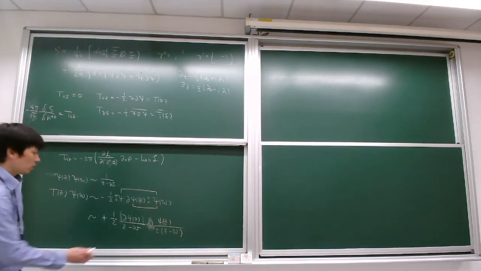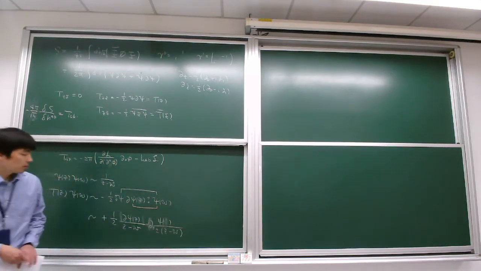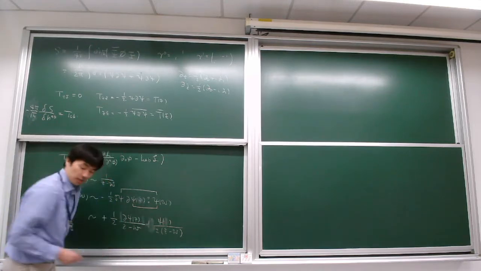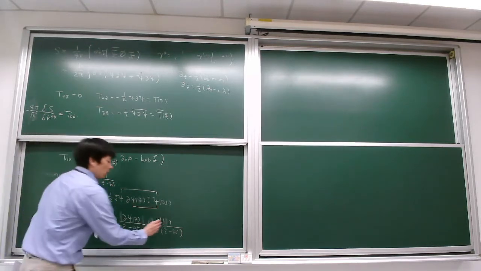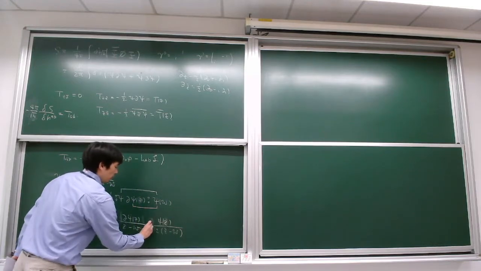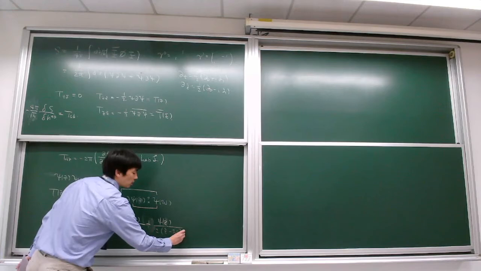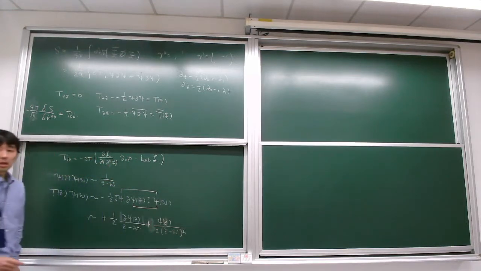So this is w. Sorry, I think I'm wrong. So this is z, and then you just take the holomorphic derivative with respect to z, so you get the square and the plus.